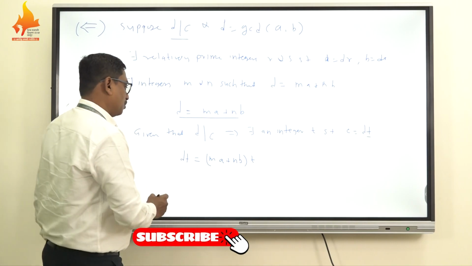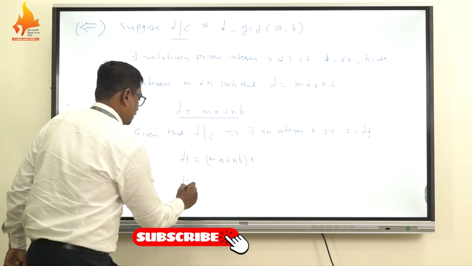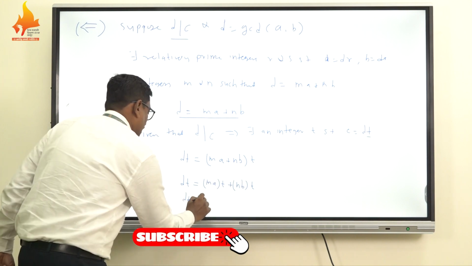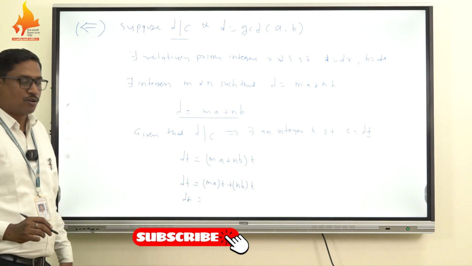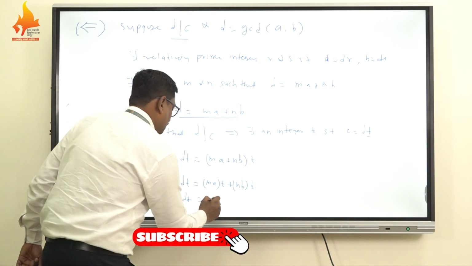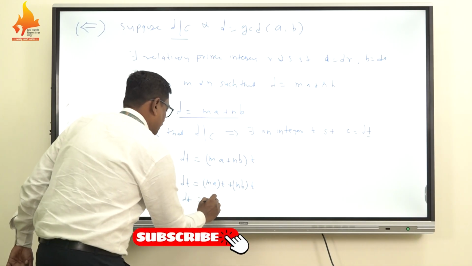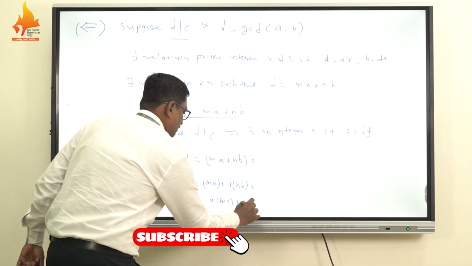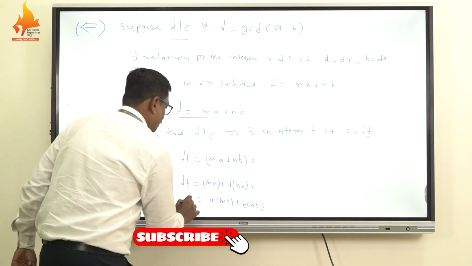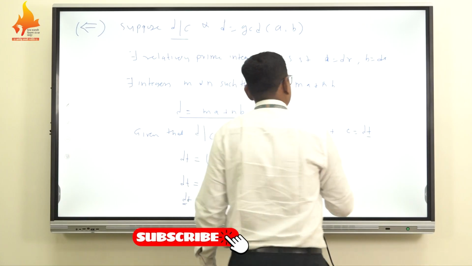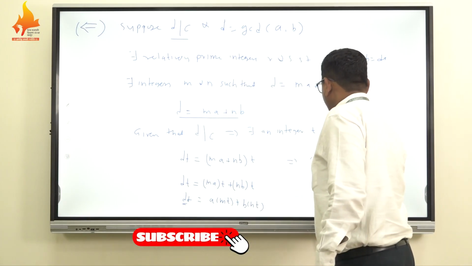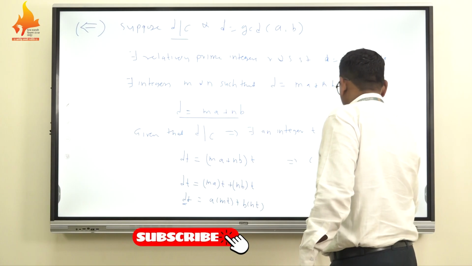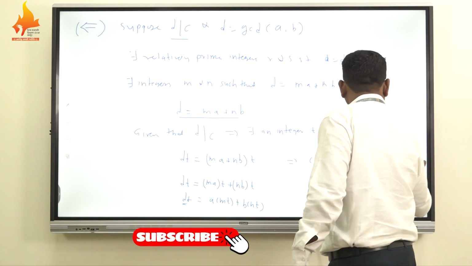Let us apply the law of distribution in the set of integers for the multiplication. Since integers are commutative, they satisfy the law of associativity. After all adjustments, I will write this as A times mt plus B times nt. So the value of this Dt is C. So at last, I get C as A times mt plus B times nt.